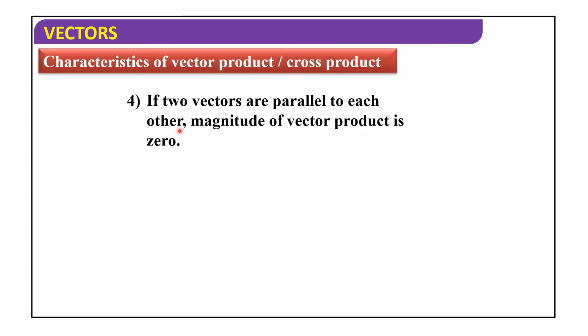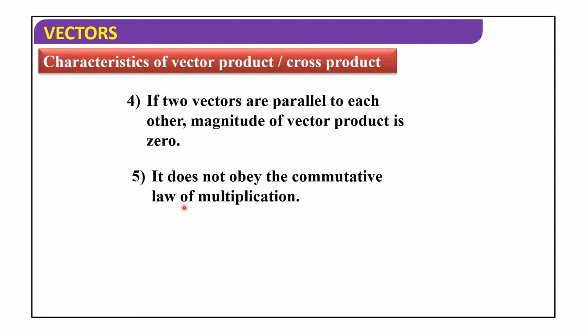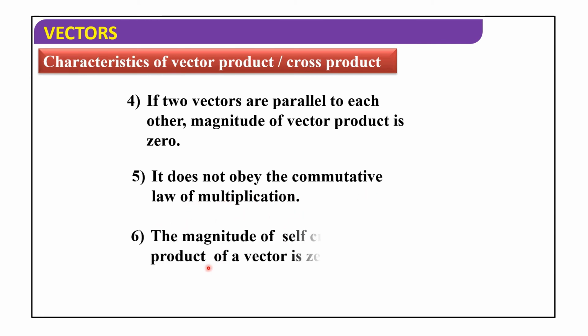Fourth, if two vectors are parallel to each other, the magnitude of the vector product is 0. It does not obey the commutative law of multiplication. The magnitude of the self cross product of a vector is 0, that is, the modulus of A bar cross A bar is equal to 0.